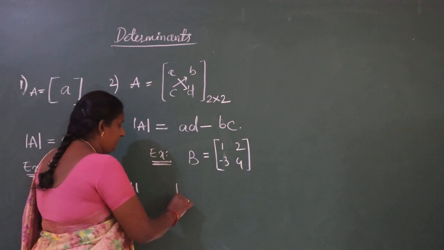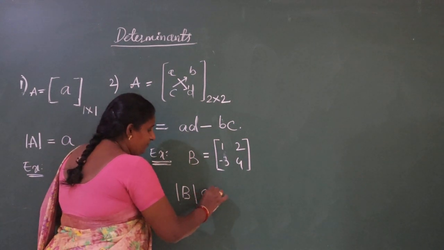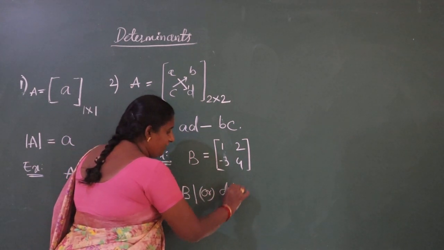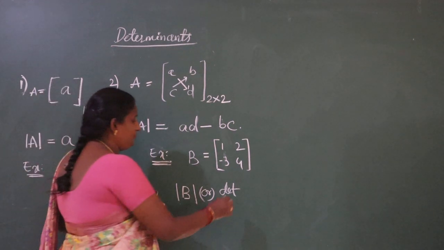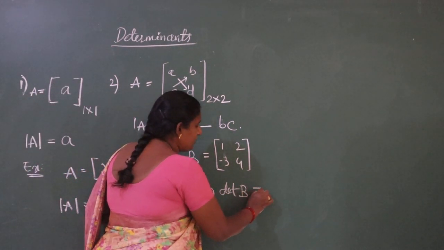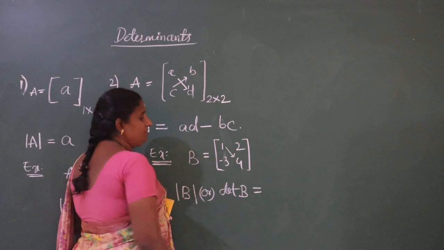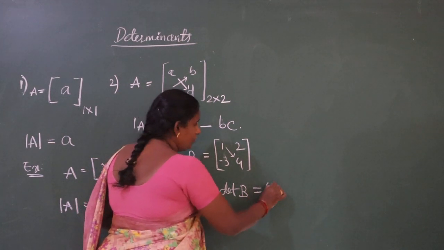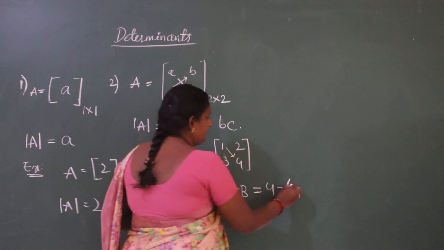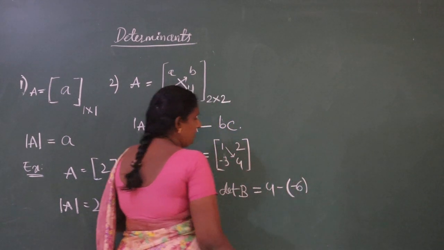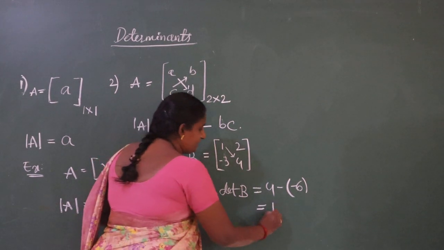We write it with vertical bars like this, or the other notation is det B, with all small letters, d-e-t. Now how do we calculate this? Multiply these two numbers: 1 into 4 is 4, minus minus 3 into 2, which is minus minus 6. So 4 plus 6, it is 10.